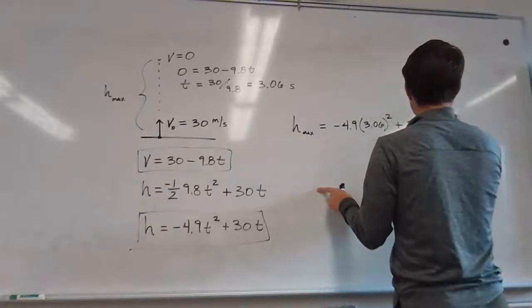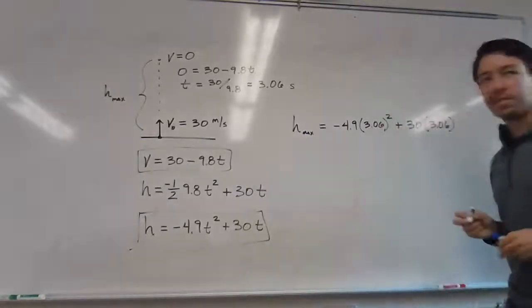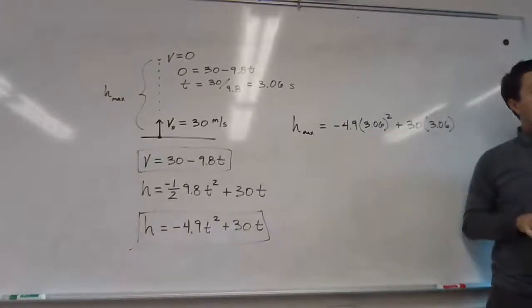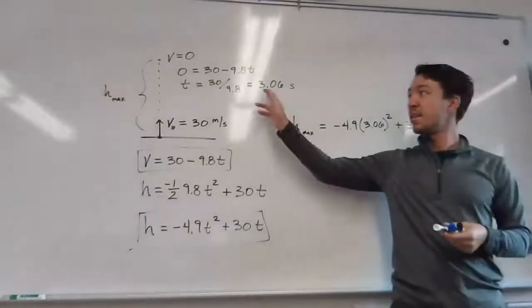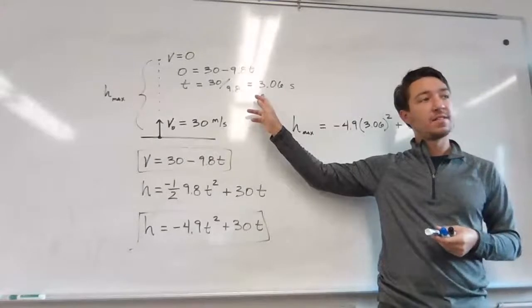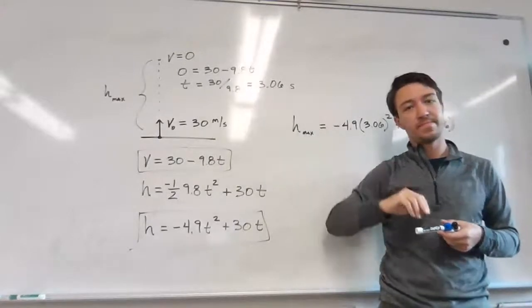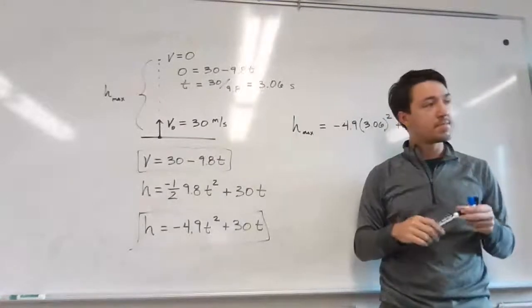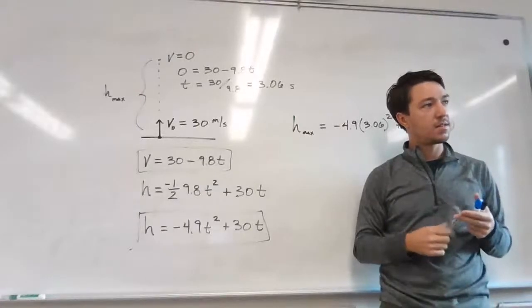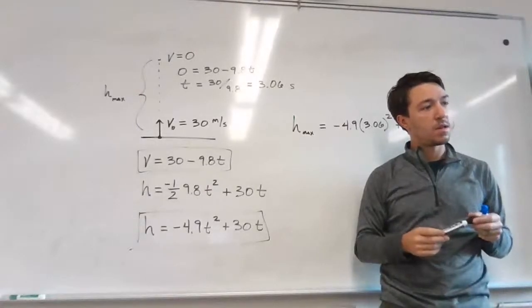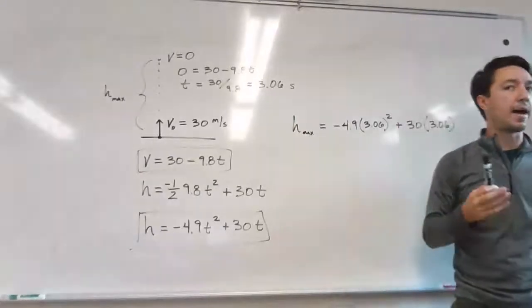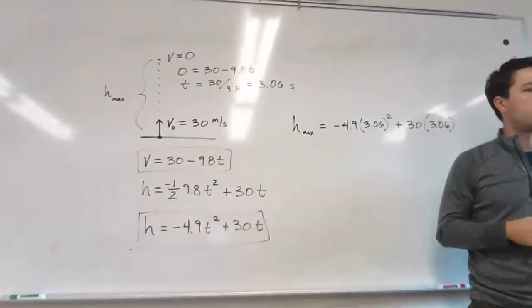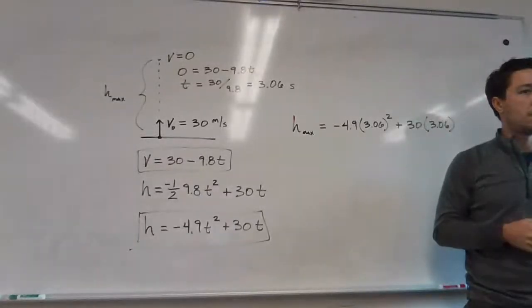Does anyone think they know a sneakier way to get the answer very quickly from this number? I'll give you a hint. Think about average velocity.